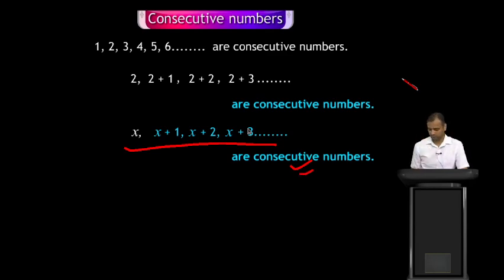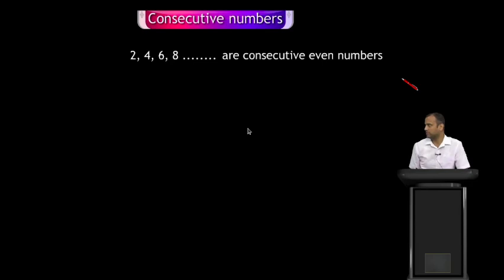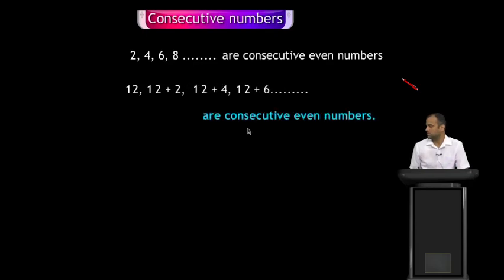Okay. Now next one is even numbers, consecutive even numbers. So we know these are even numbers because they are divisible by 2. So we can write consecutive even numbers as x, x plus 2, x plus 4, and so on.